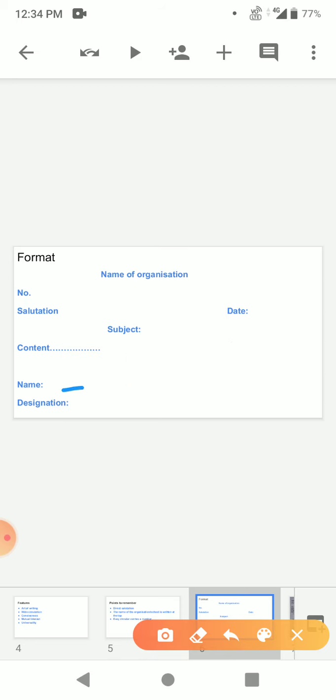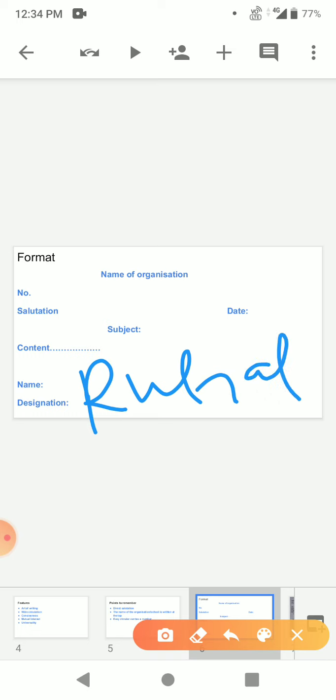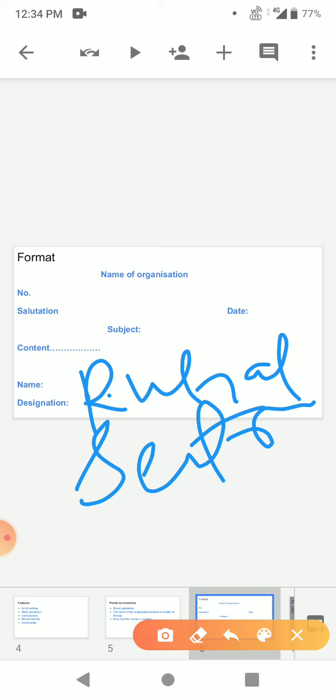And then your name, if the name is mentioned there, for example, if it is written in your examination in that question, like you are Mr. Rahul, president of ABC company, and you are asked to draft a circular. So since the name is mentioned there, here at the below you will write Rahul. If your position is mentioned there, like you are secretary of something or like that, so you will write name and then designation.